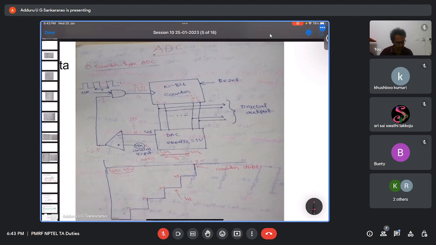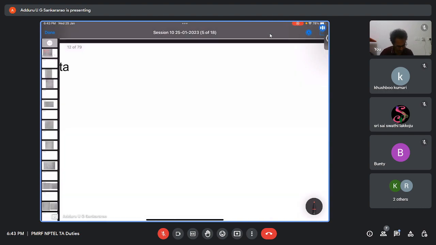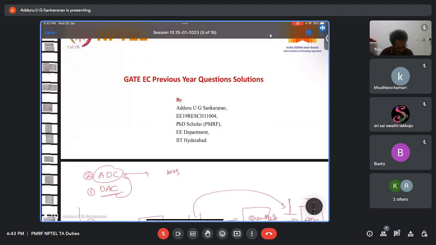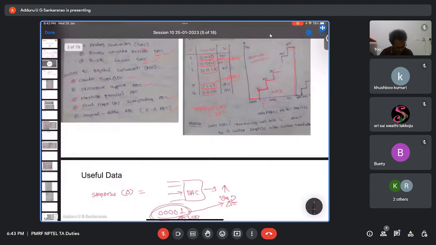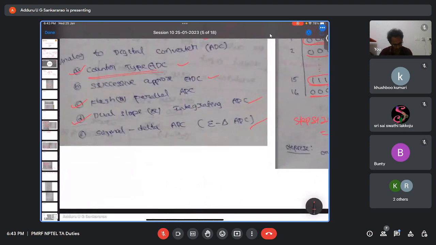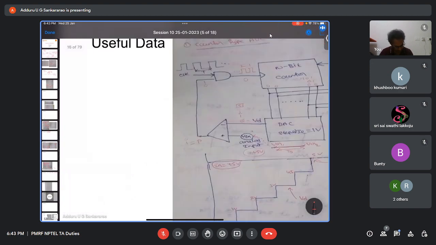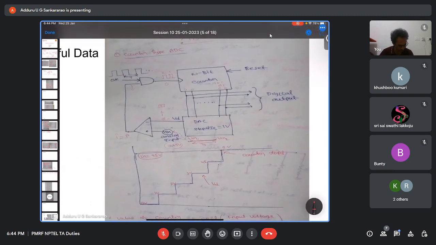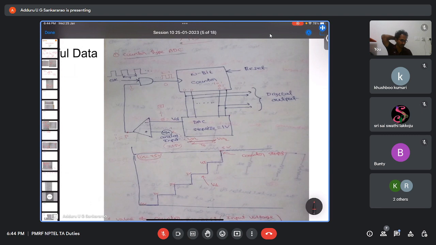Okay. So in this, as I said, we have different types of ADCs. One of the ADCs, counter type ADC, we'll see. So in counter type ADC, this is the rough circuit you can see here. If we can see here, the sample value will be given as input.